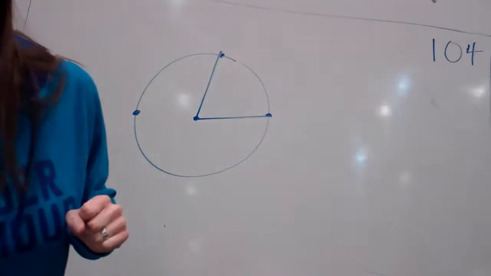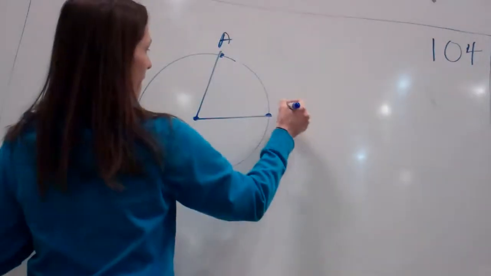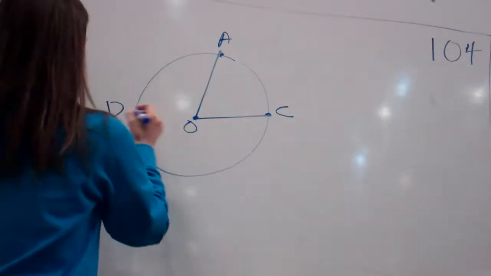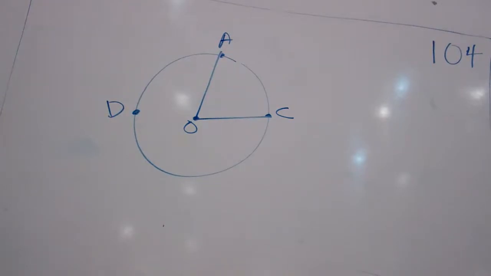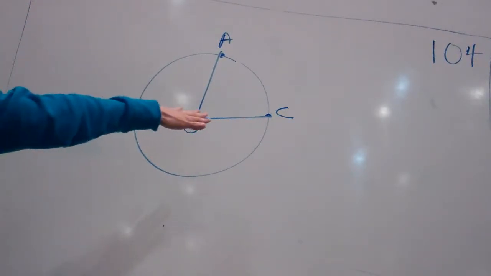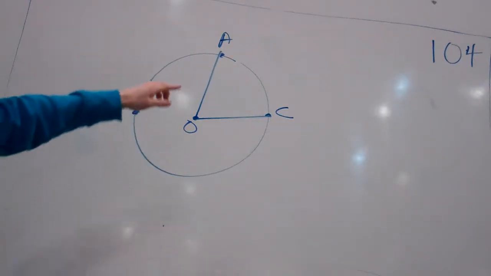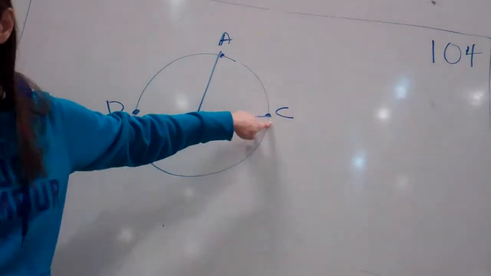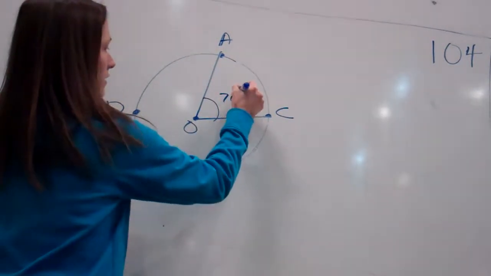Okay, if they told me in this figure, well, I don't know why they forgot B, but B's not here. So they tell me in this figure, central angle AOC is measured 70 degrees.